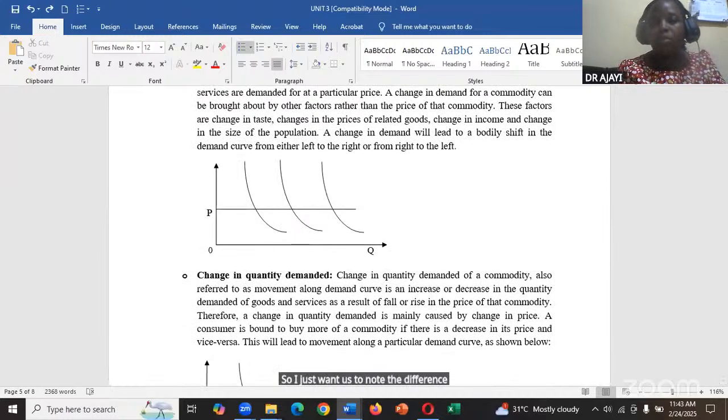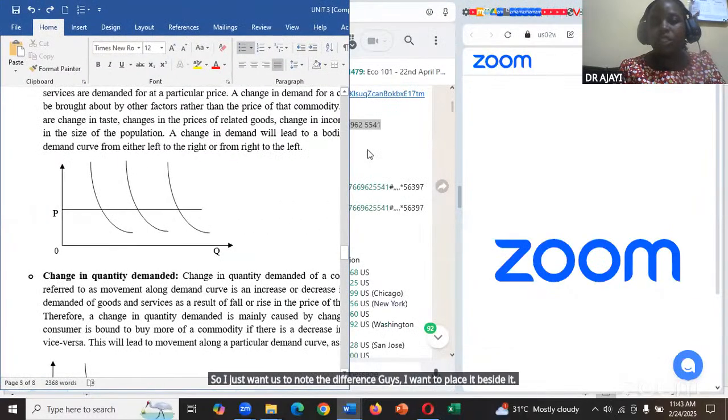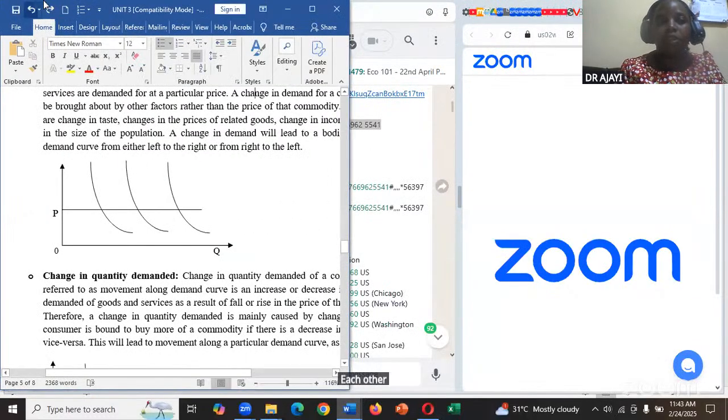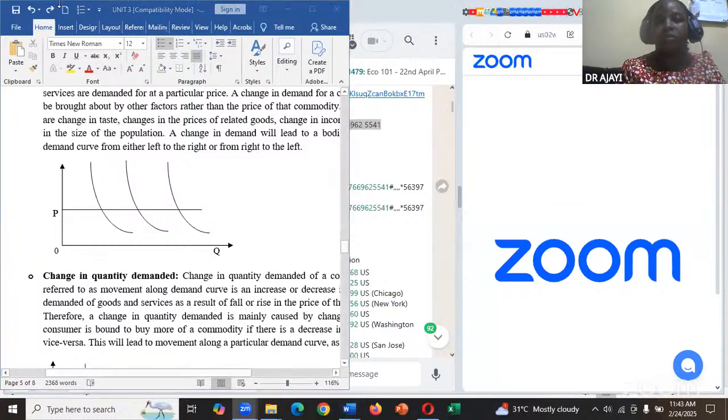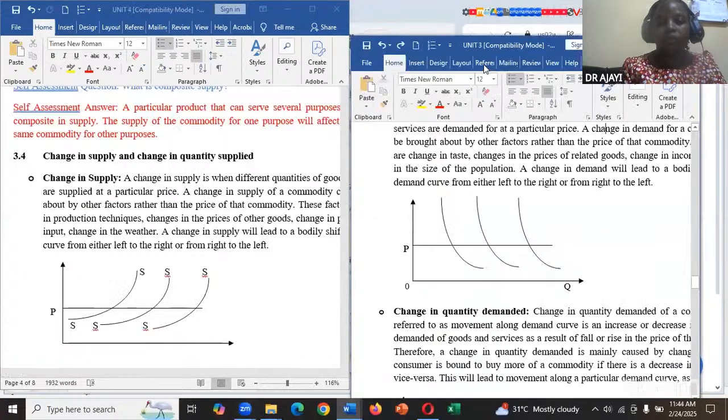That's why I want to place it beside each other. Now for the demand curve, we have it sloping downward. So they are beside each other now.